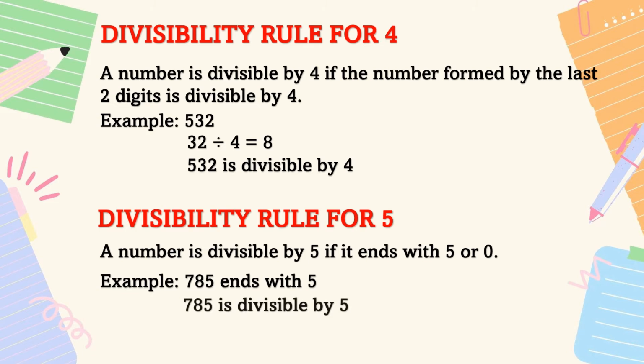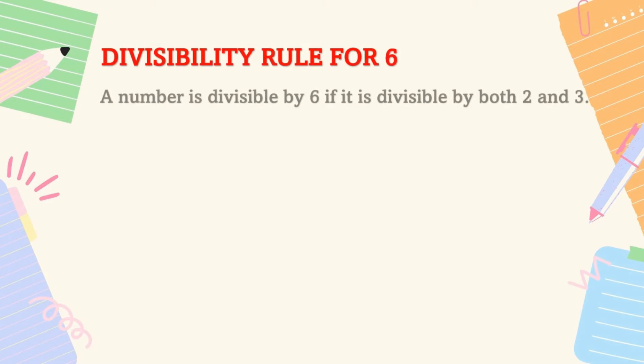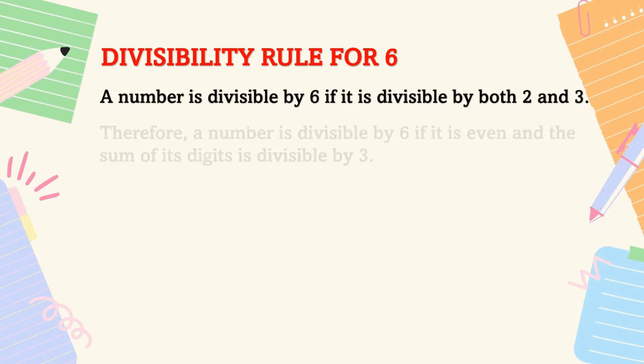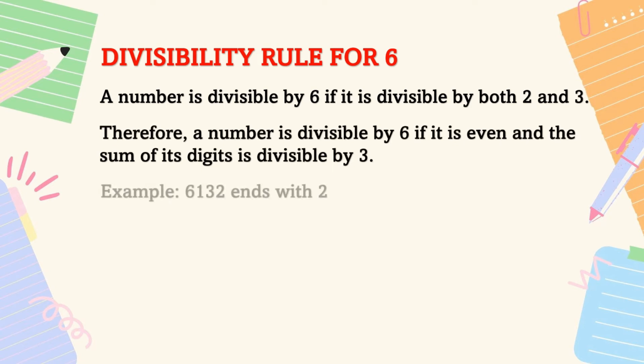Our next rule is the divisibility rule for 6. A number is divisible by 6 if it is divisible by 2 and 3. A number is divisible by 6 if it is even and the sum of its digits is divisible by 3.